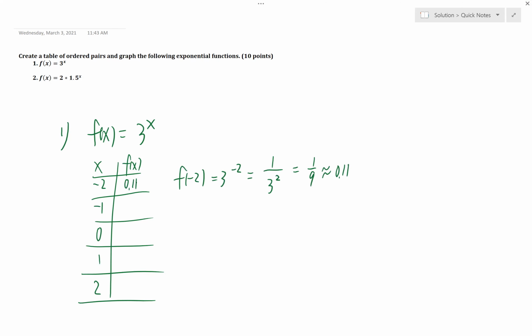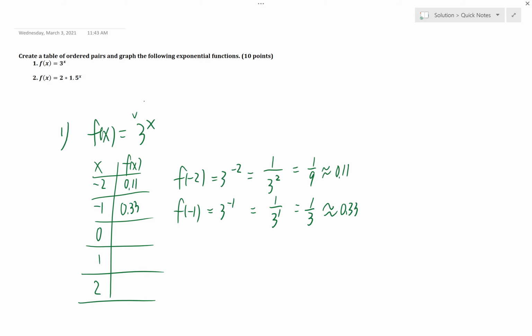Rounding to 2 decimal places is usually more convenient. And f of -1 is 3 raised to the -1 power. It's 1 over 3 to the first, which is 1/3, approximately 0.33. As you can see, the values triple because the base is 3.